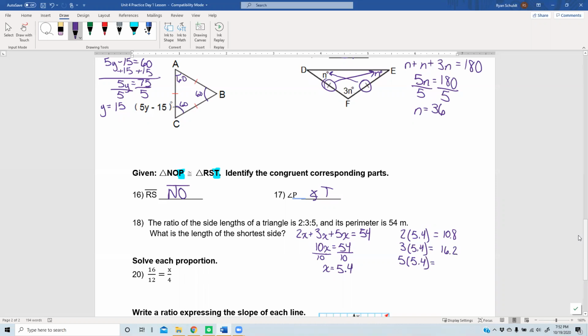And then 5 times 5.4 is, let's see, 27.0. Okay, now they just asked me for the shortest. So there's my smallest right there. 10.8 meters is my shortest.